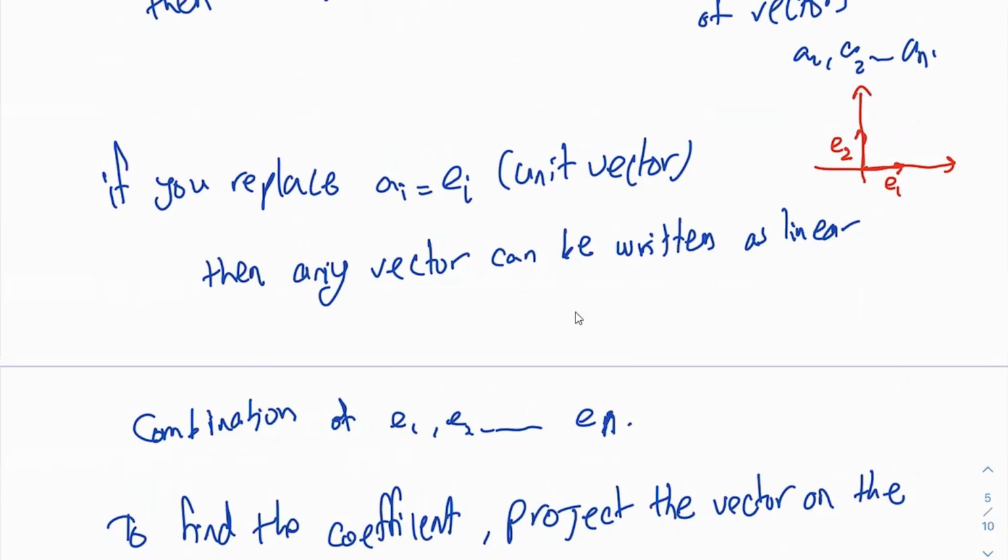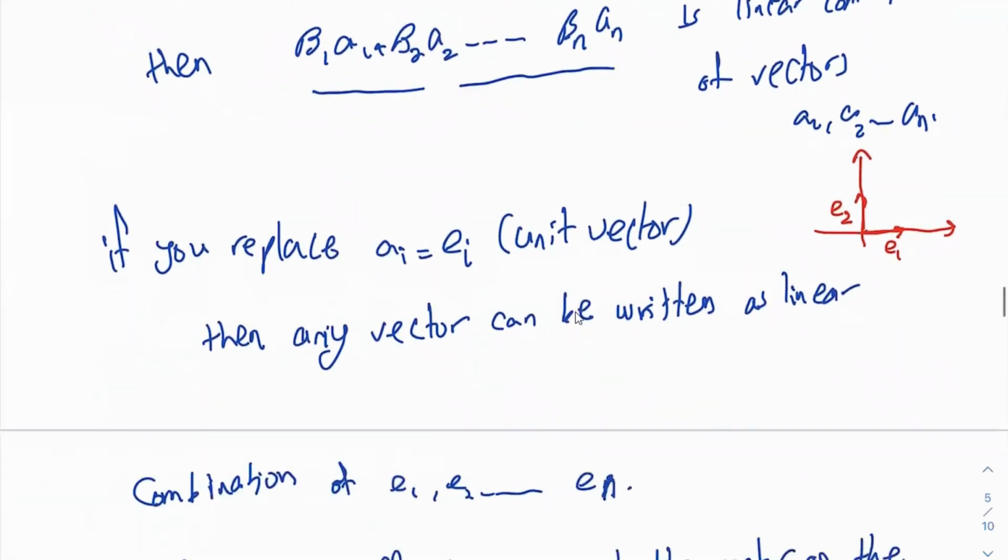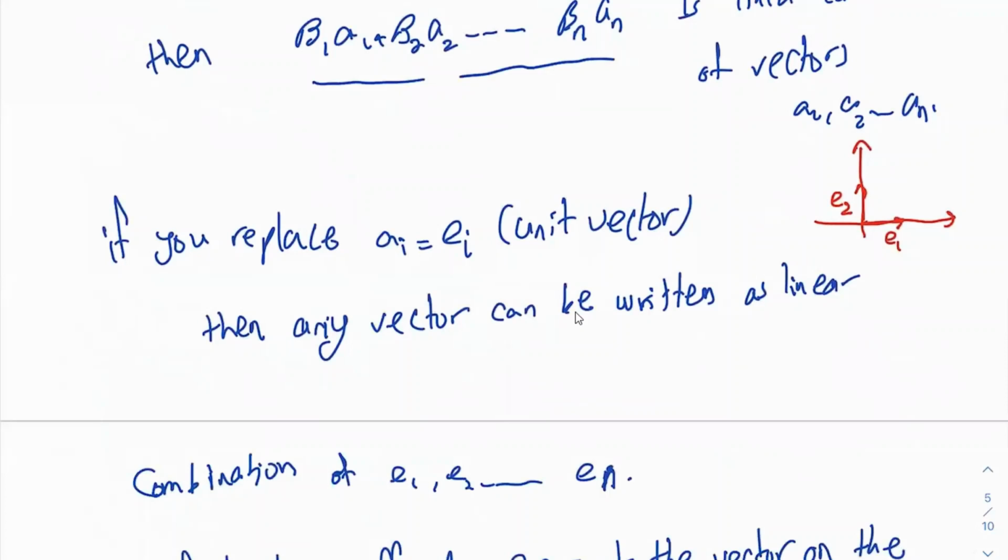Any vector. So this is a linear combination of some vectors a1, a2, an. They're all n-dimensional vectors. I use an because I use an here. But if you replace the vector ai by ei, the unit vector, then you can represent any vector in n dimensions. You can expand that by linear combination of the unit vectors.